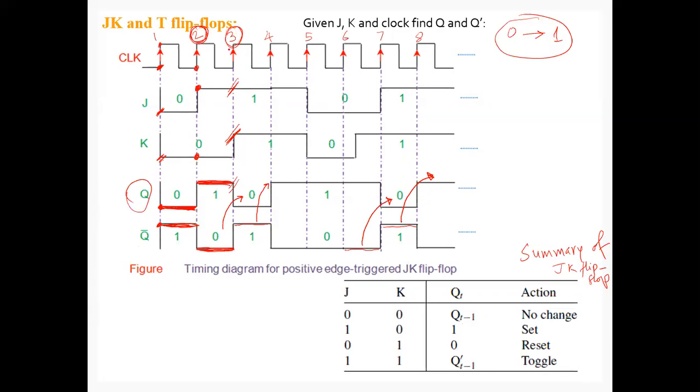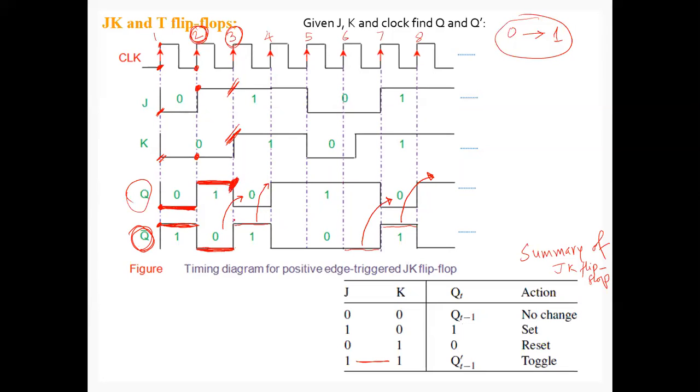At point 3, your J equals 1, K equals 1. So you have 1 and 1, toggle. Meaning this Q will toggle, exactly the same as the previous state of Q prime. That's the meaning of toggle.